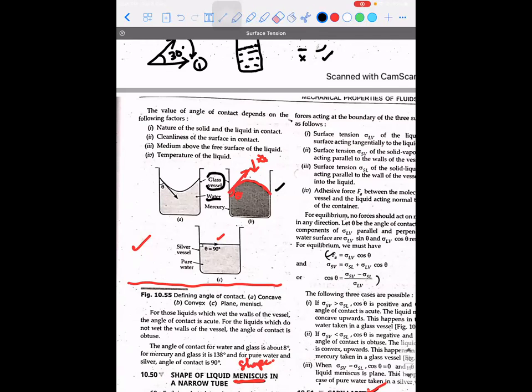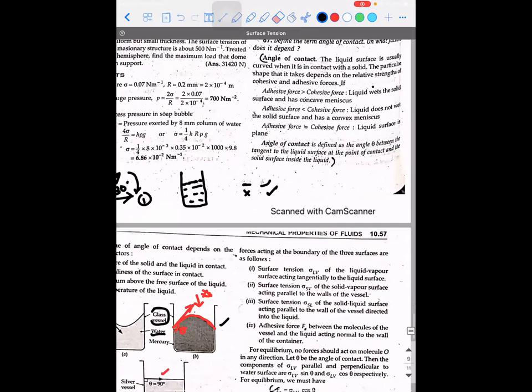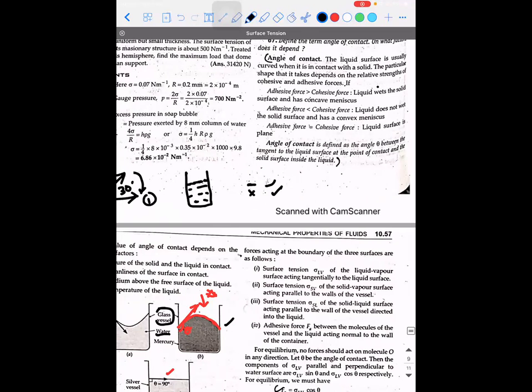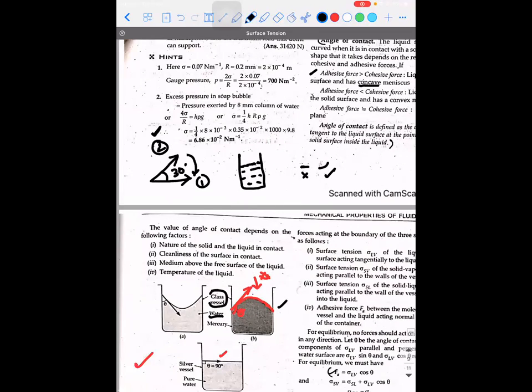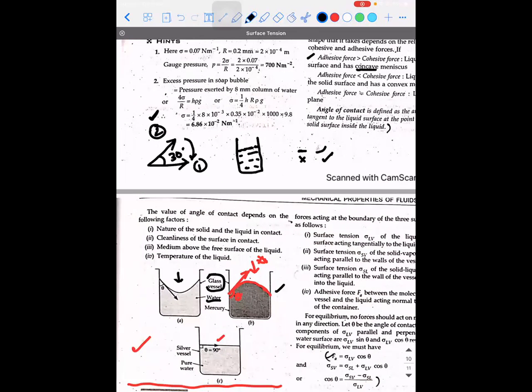And we saw some important points related to angle of contact. It can either be acute, obtuse, or 90 degrees, depending on whether the adhesive force is greater than the cohesive force or vice versa. If the adhesive force is greater than the cohesive force, then a concave meniscus is formed. Concave meniscus means when you see from the top, it appears in the shape of a concave. At that time, you will have an acute angle.